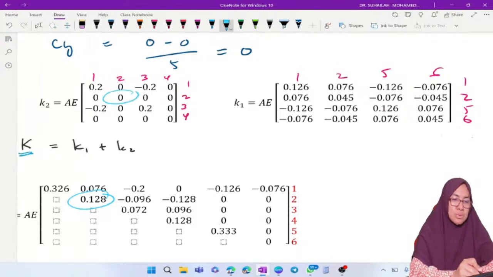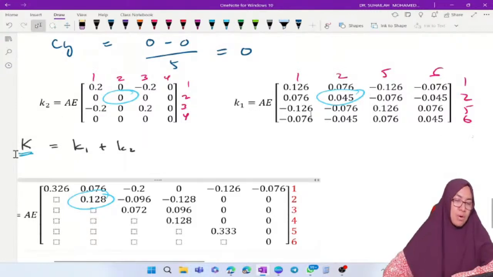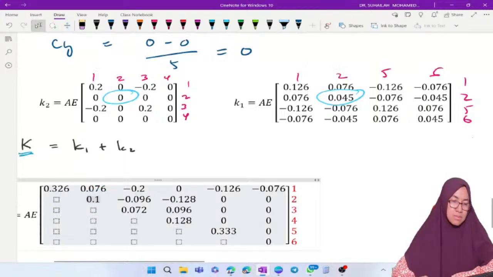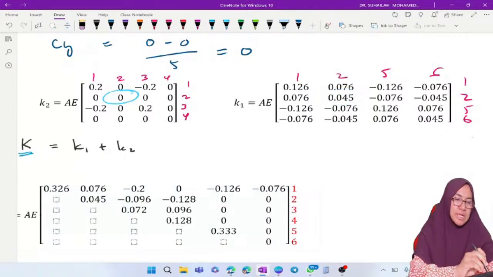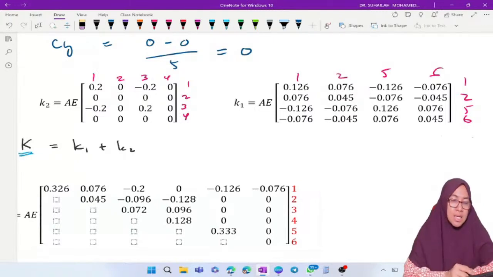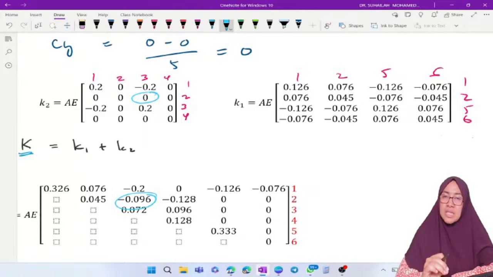So 2, 2 is 0.045. Okay, next is position 2, 3. 2, 3 in K2 is 0, and there is no 2, 3 in K1.